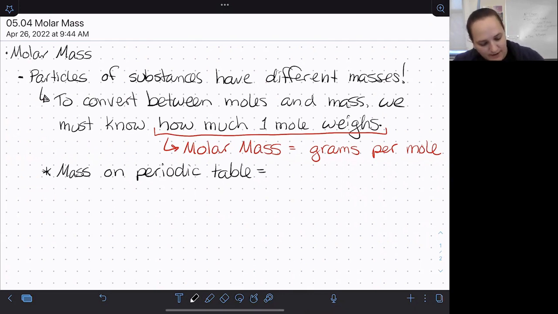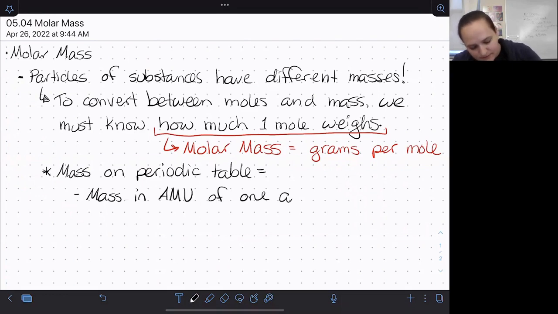So the way that you are used to interpreting the mass on the periodic table is as the mass in atomic mass units of a single atom, that it is essentially the number of protons plus the number of neutrons plus a little bit of weirdness due to different isotopes, and some other factors. So that's how you're used to thinking about the mass on the periodic table. It is the mass of a single atom in atomic mass units.